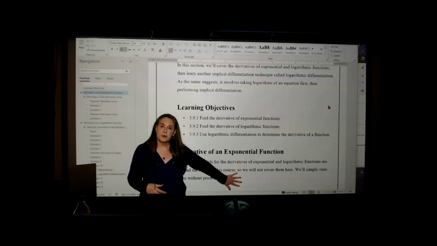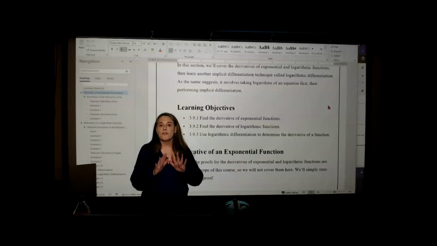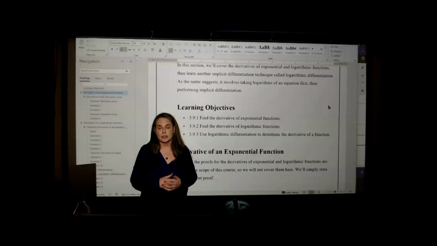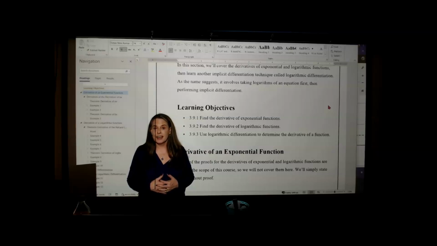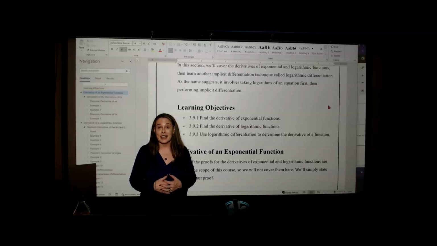Now, most of the proofs for these particular derivatives are far beyond our ability at this point. We'll cover a little bit of proof-like things, but we're not going to be able to prove everything to you. You'll just have to take it on faith until you take a more advanced mathematics course. Now it's time for me to share my screen and we'll get started.